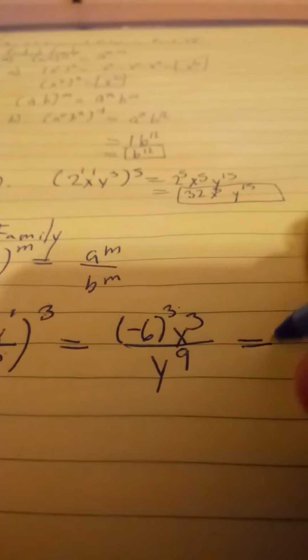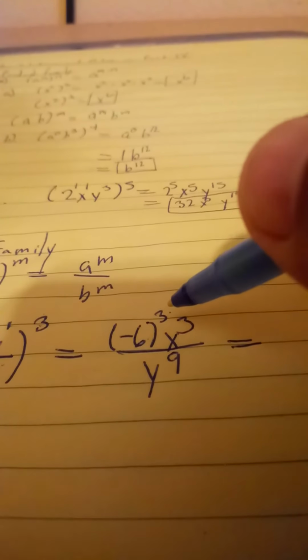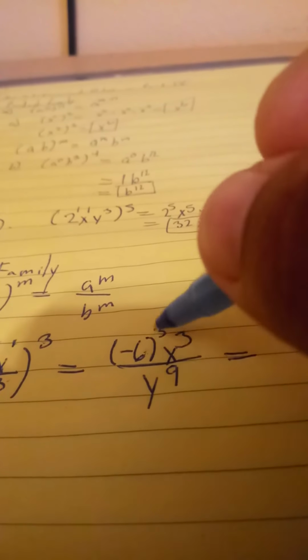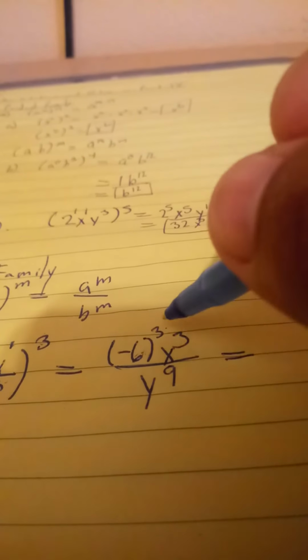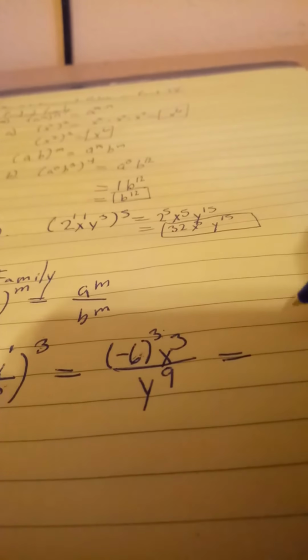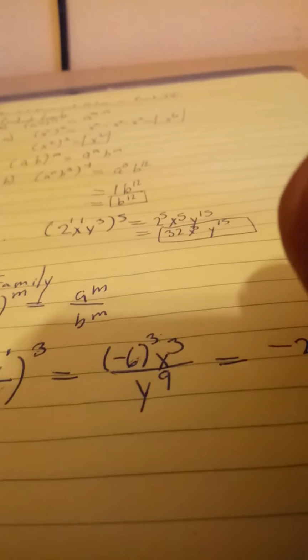From there, we're going to go ahead and simplify this. More than likely, you're going to have to simplify from this point on. So don't leave your numeric bases like that. Negative 6 raised to the third power is negative 6 times negative 6 times negative 6, which will give you negative 216.